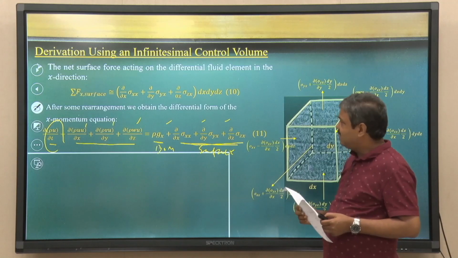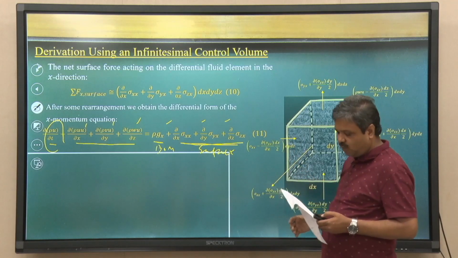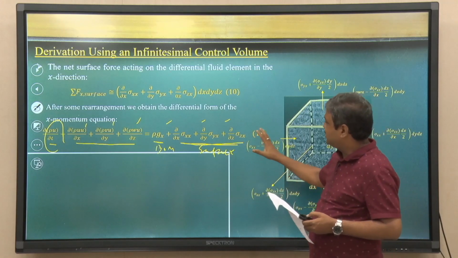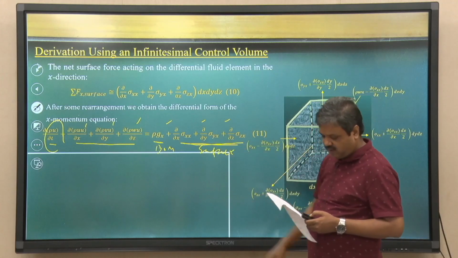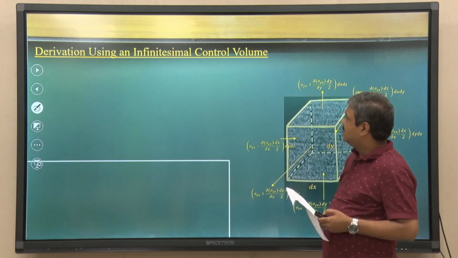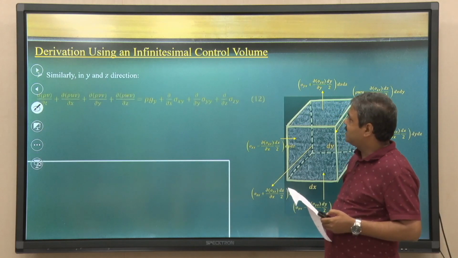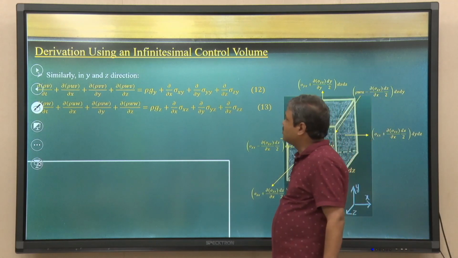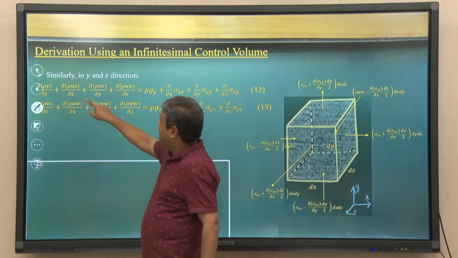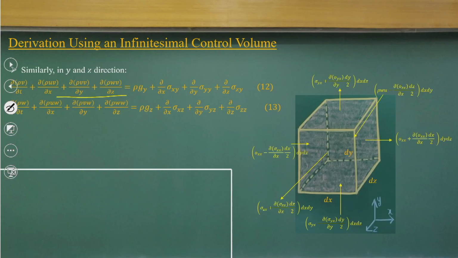If you can understand, all are force components, and we are looking at the force per unit volume of all these terms. Now, in the y direction and z direction we can get the equation format like this. This is for y direction, this is for z direction.